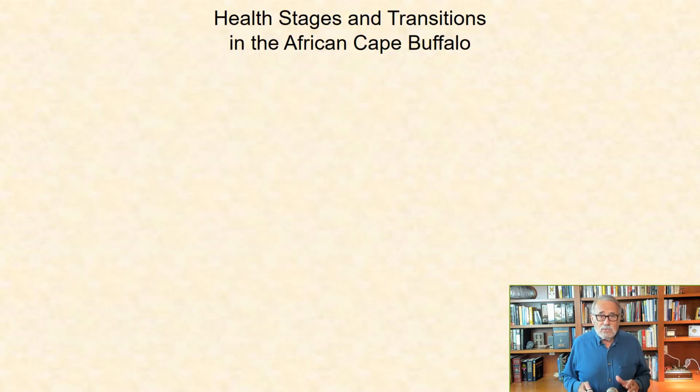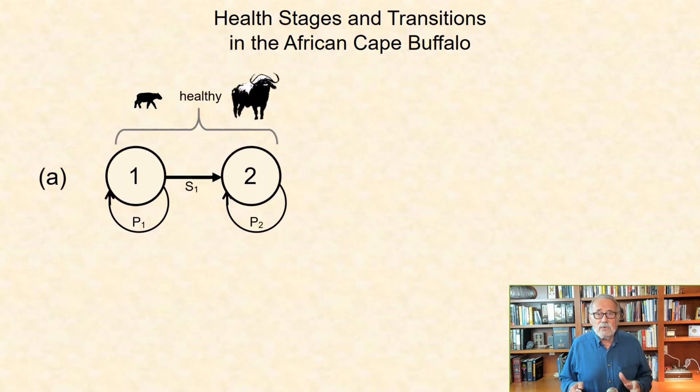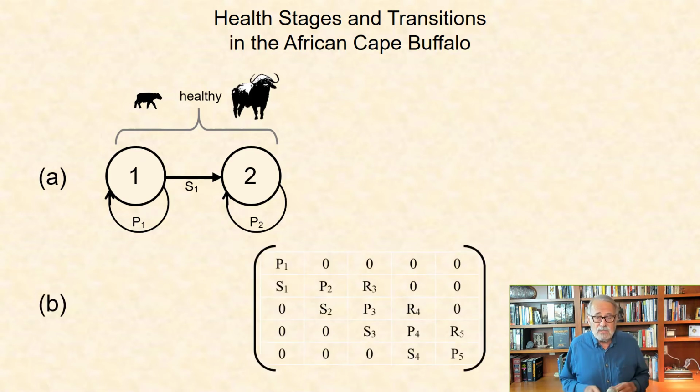This life cycle chart shows the different health stages for the African buffalo, the between-stage transitions, and the multi-stage model transition matrix. Here are the first 2 stages and their within and between stage transition directions. And here is the transition matrix for the entire multi-stage model. Stage 1 can transition to stage 2, and both stage 1 and stage 2 individuals can remain in those stages.